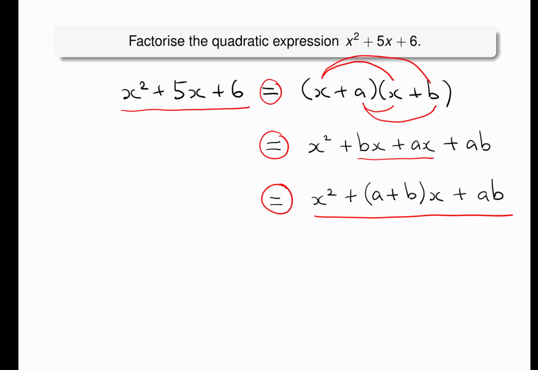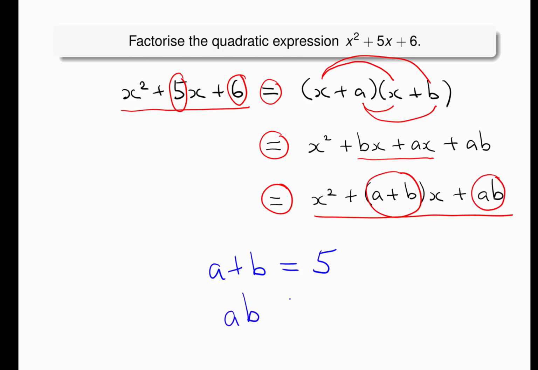So that means the coefficients of x must be equal, and the constant terms must be equal. This precisely gives us the conditions on a and b that we claimed earlier. That is, the product of a and b must be 6, and at the same time this sum has to be 5.